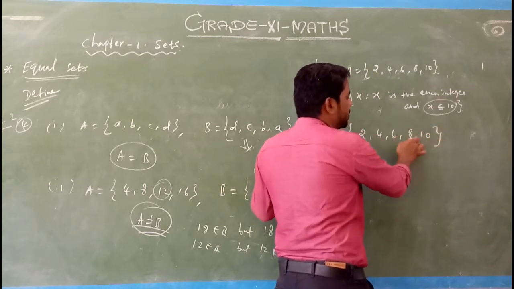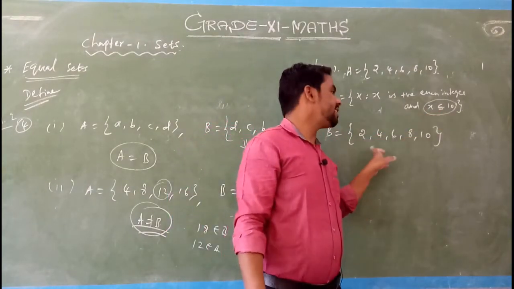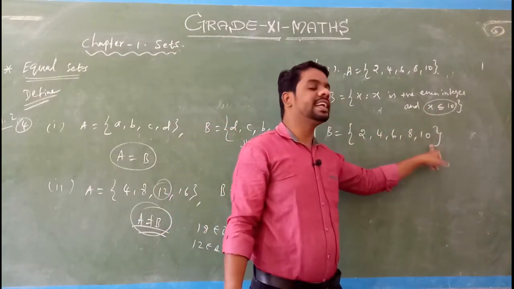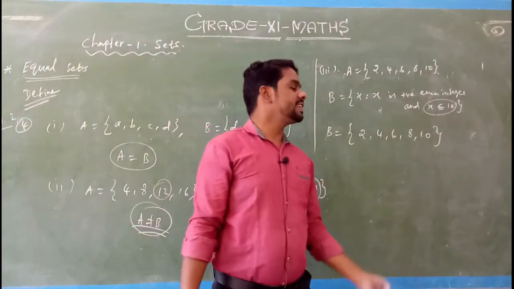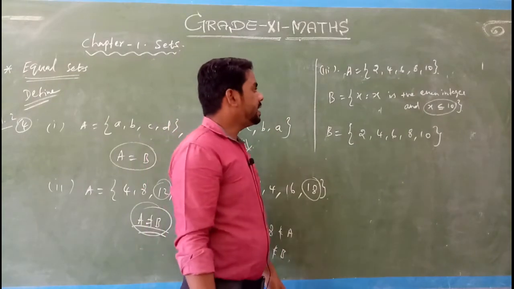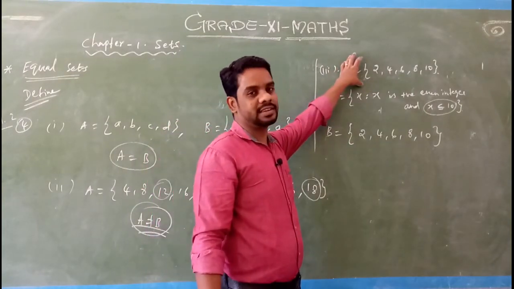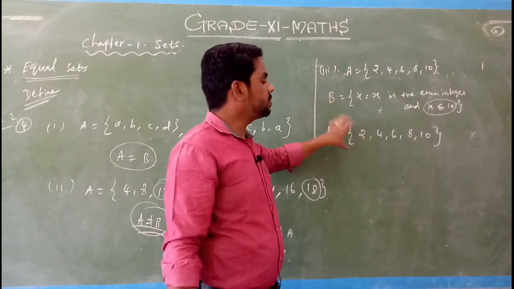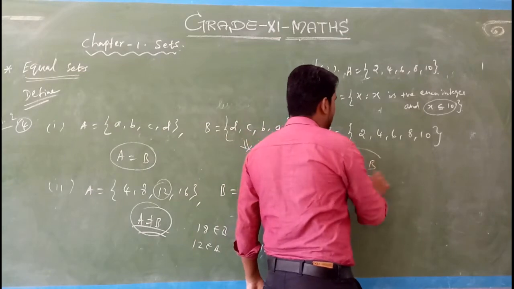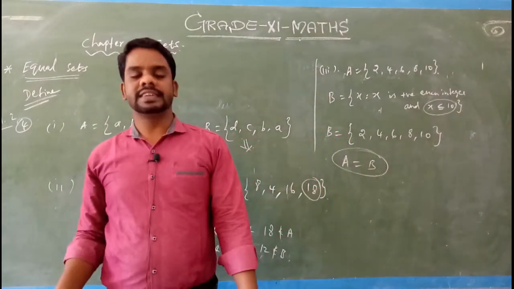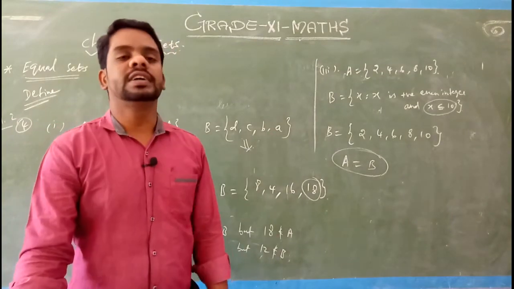So 2 is less than 10, 4 is less than 10, 6 is less than 10, 8 is less than 10, and 10 is equal to 10. Set A has the elements 2, 4, 6, 8, 10 and B also has the same elements 2, 4, 6, 8, 10. Therefore A is equal to B. These two sets have exactly the same elements.